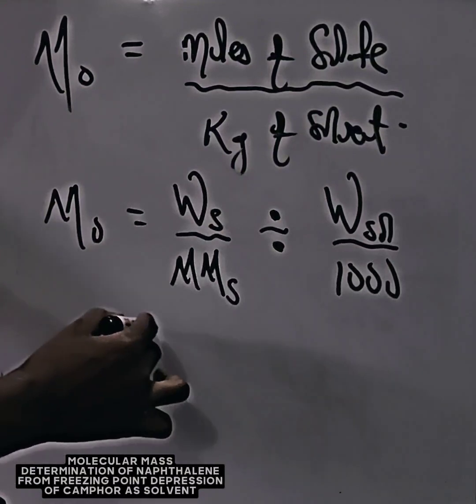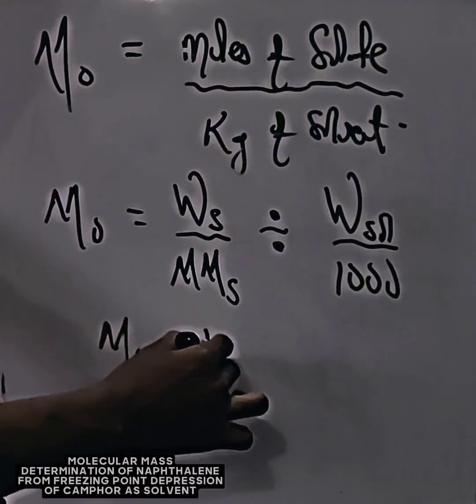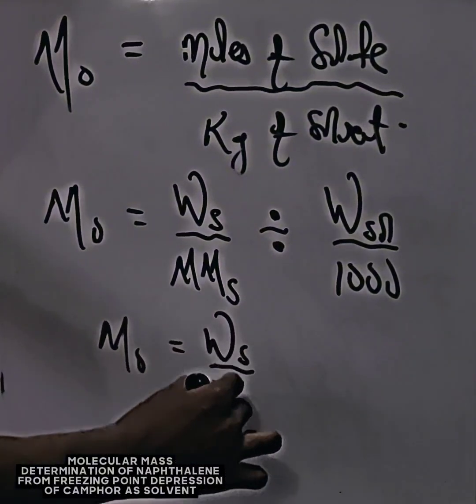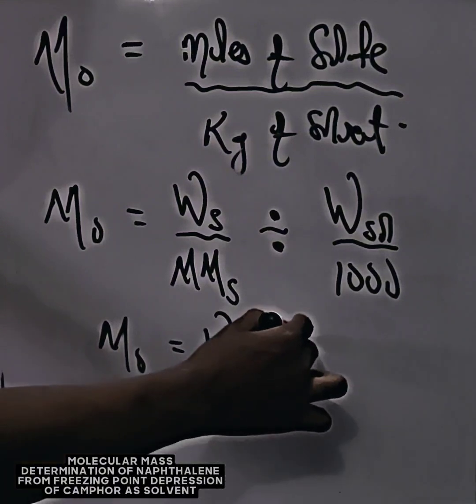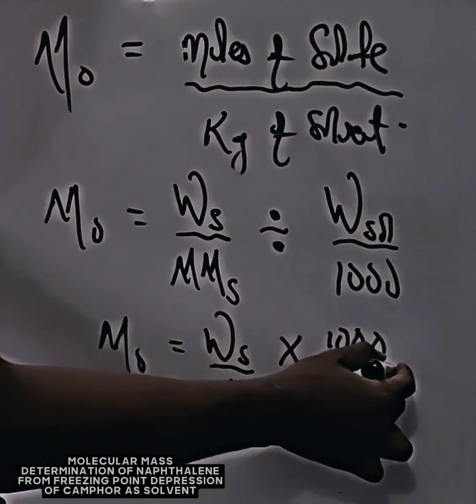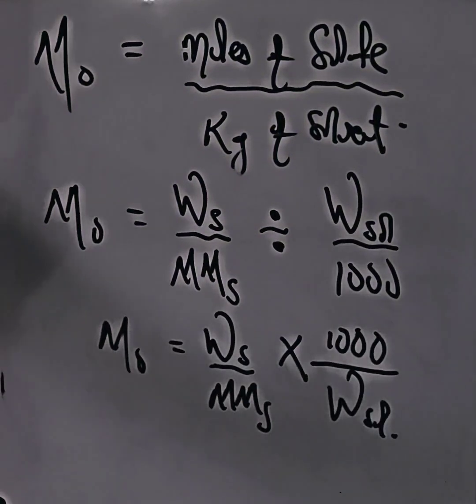So we can re-express this to be Ws, weight of solute, divided by molecular mass of solute, times 1000, divided by weight of solvent.